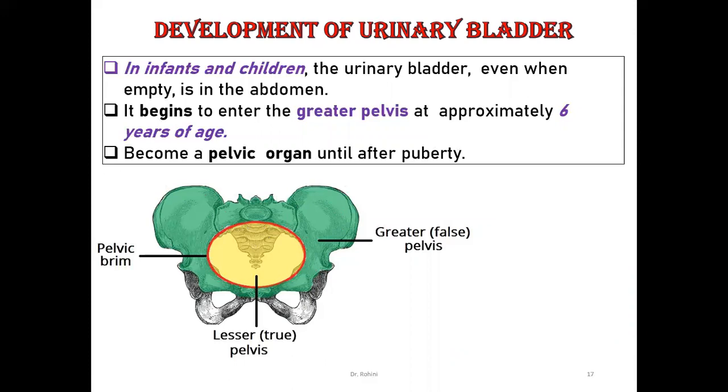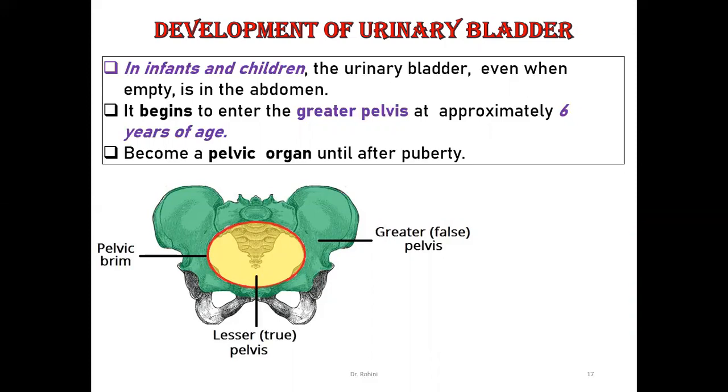So in less than 6 years of age, the bladder is still above the level of the pubic symphysis. This is important because sometimes there is a urethral stricture or closure of the urethra, and you have to reach the bladder and take out the urine, so you can puncture the bladder.